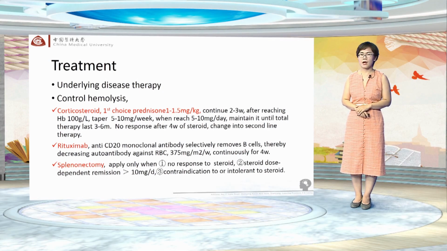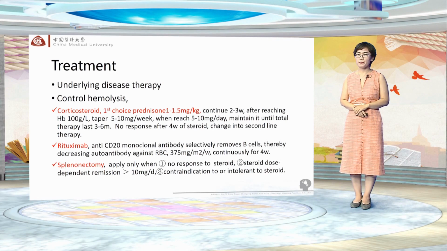Rituximab is an anti-CD20 monoclonal antibody that can selectively remove B cells, thereby decreasing autoantibody against red blood cells. Mostly, it is used as 375 mg per square meter of body surface area intravenously weekly for 4 weeks.